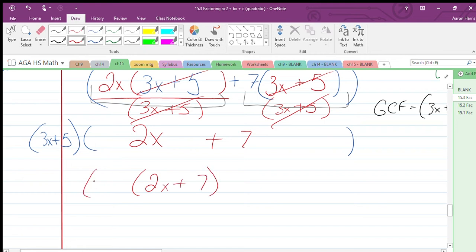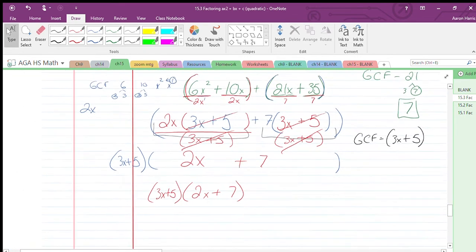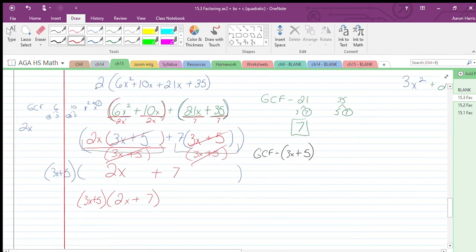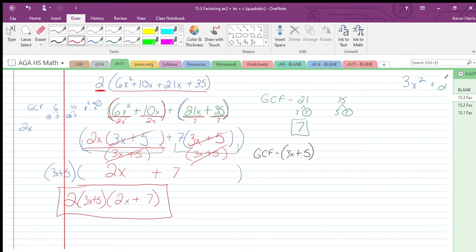What goes out there? 3x plus 5. And what can't I forget to do? That's right. I can't forget my 2. Because 3x plus 5 and 2x plus 7 replaced this set of parentheses, okay? So my final answer is 2 times 3x plus 5 times the quantity 2x plus 7.